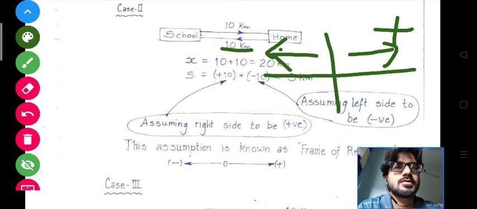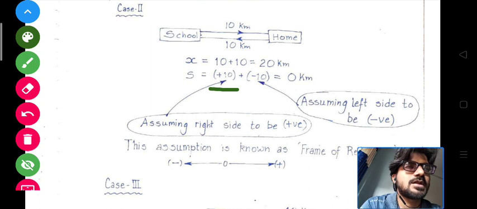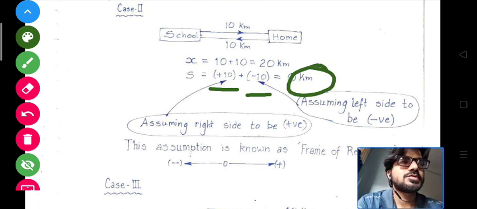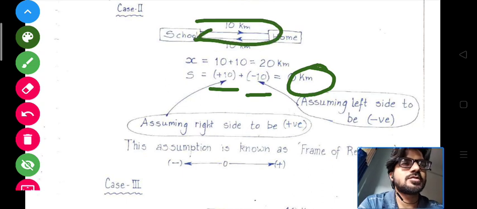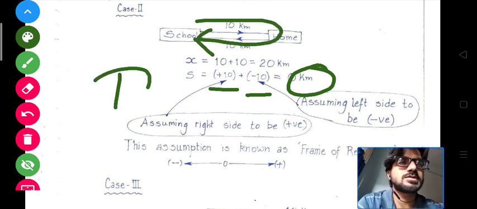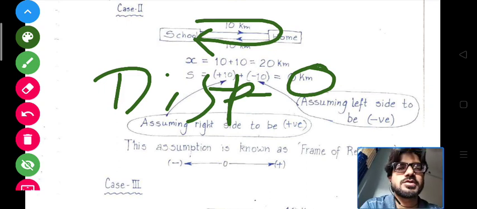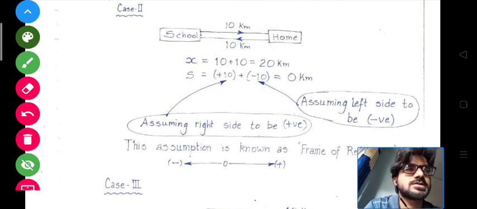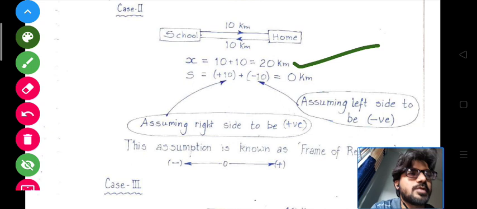So we have plus 10 minus 10, 0 km. Whenever you reach back to where you started, the displacement is 0. Displacement can be 0 if you have reached the same position, but distance is not 0. You have covered 10 km plus 10 km, 20 km.